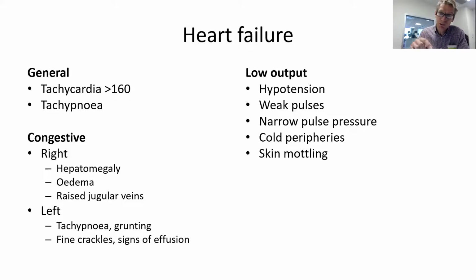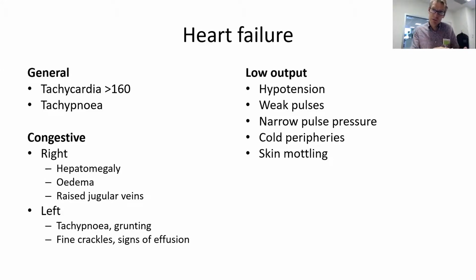They tell you something's wrong with the right side of the heart. And then there are signs of congestive left heart failure. So tachypnea and grunting are signs of congestive left heart failure, and fine crackles and signs of effusion are signs of left heart failure. Why? Because the left ventricular diastolic pressure is high, and that leads to increased pulmonary venous pressure, and that leads to pulmonary congestion.